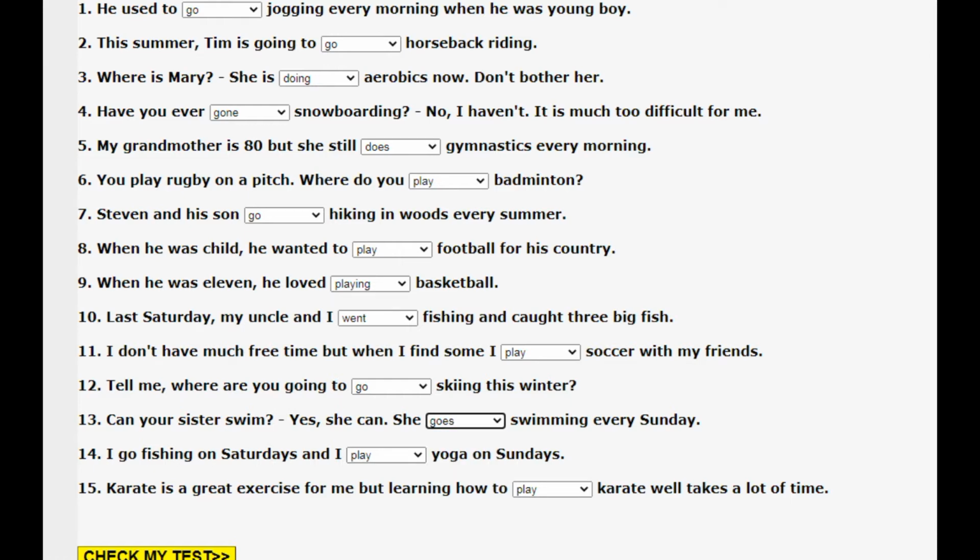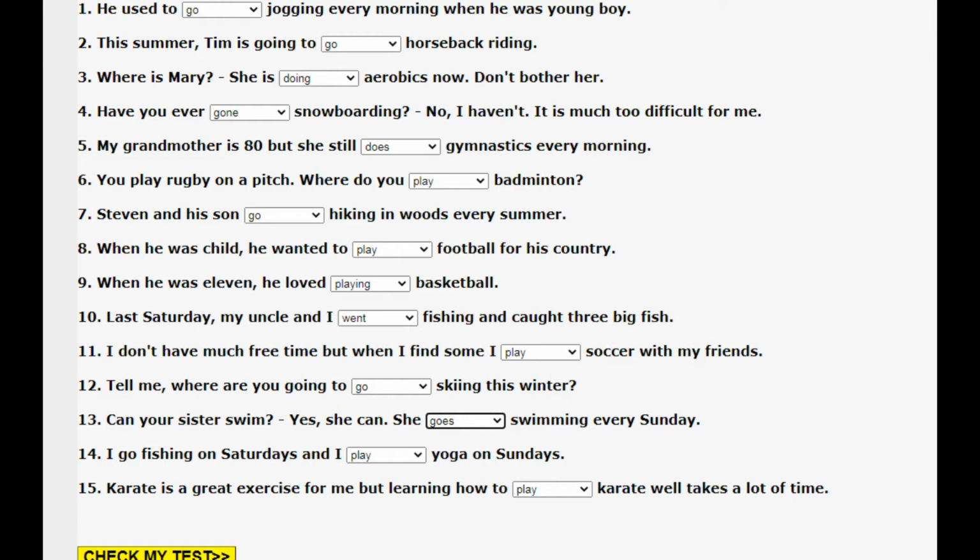As I'm talking about she, the third person singular, I say she goes. With the verbs that finish in O, we add es for he, she, it, right? In the present. I say I go, but I say she goes, right? And I say she goes swimming. After the verb go, I use the other verb in the ing form.